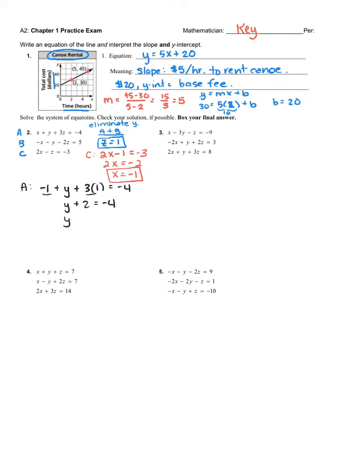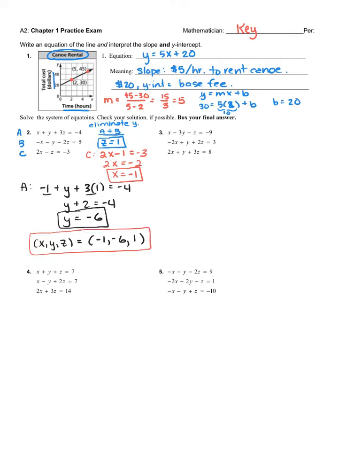And subtract 2 from both sides gives us -6. We write our final solution in an ordered pair, so that would be -1, -6, and 1. And that is the answer for that problem.